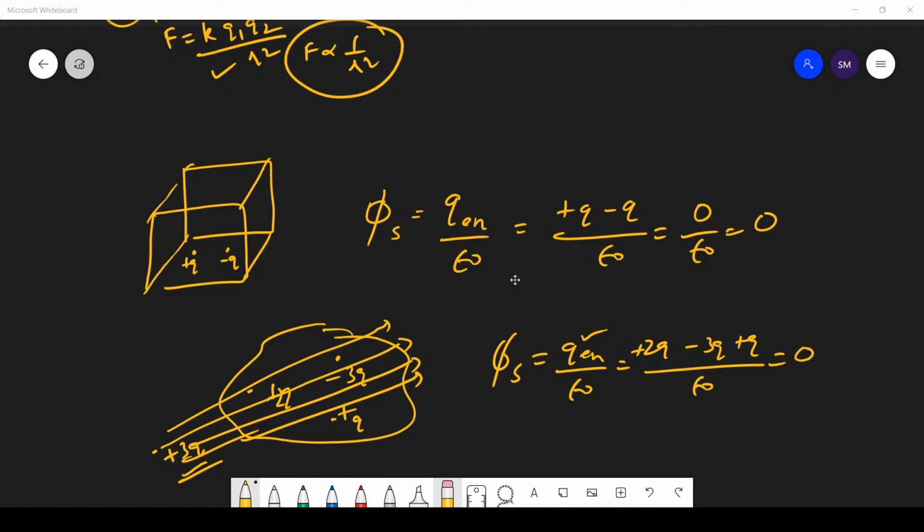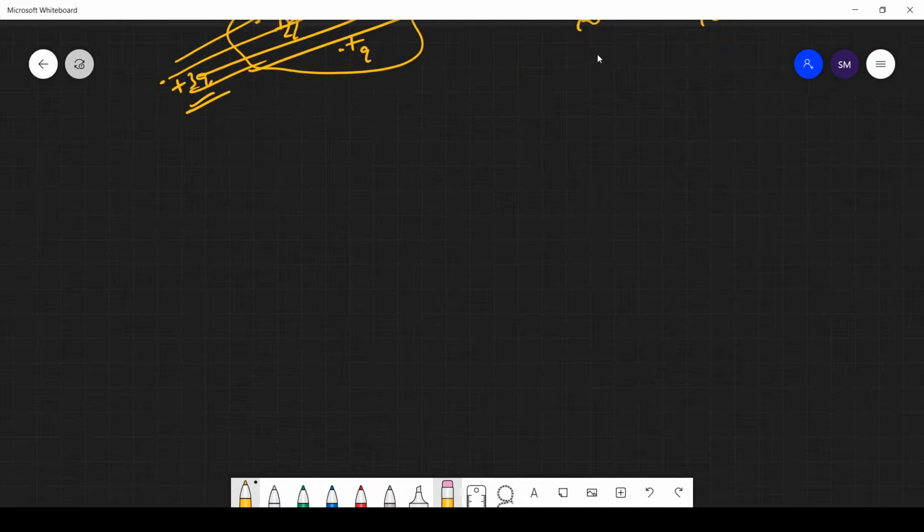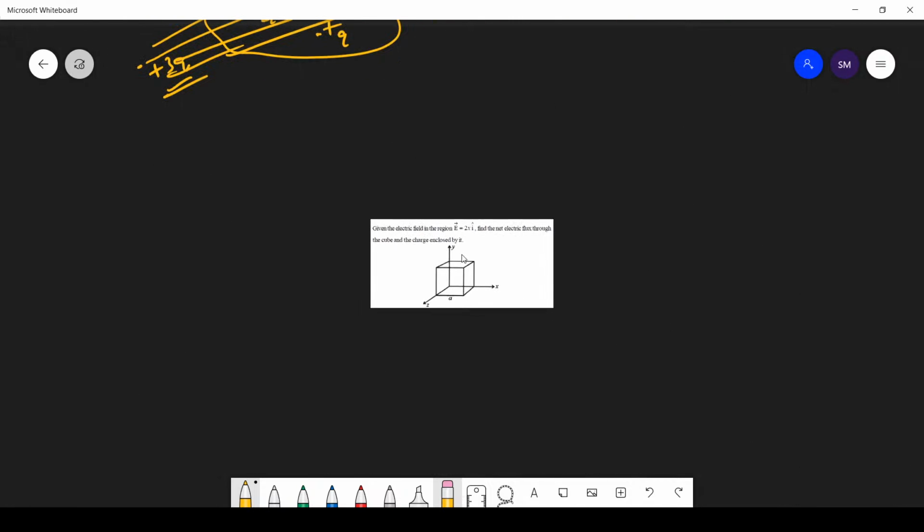So let us do a question which involves an electric field through a region, and this electric field is non-uniform. Let us look at this question.